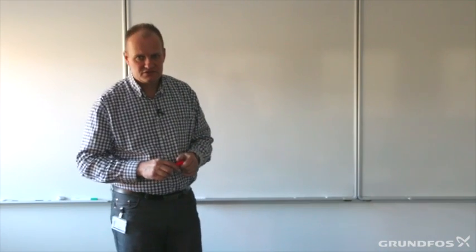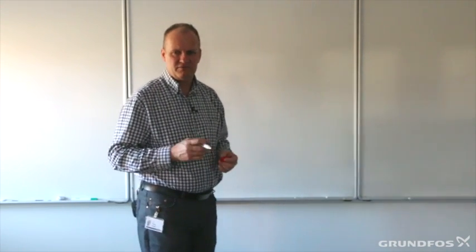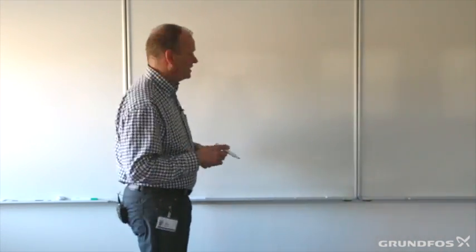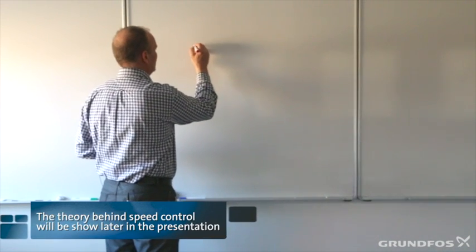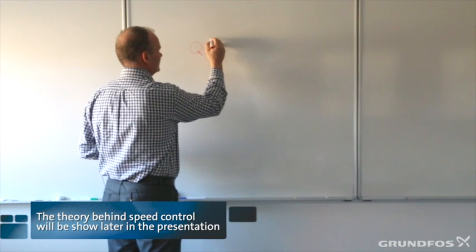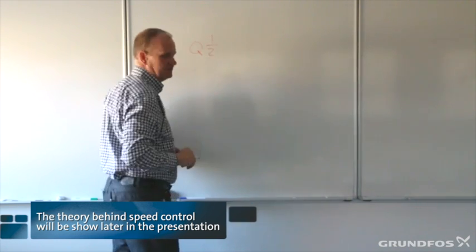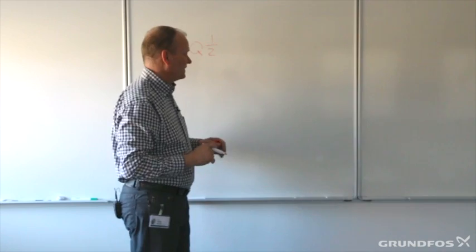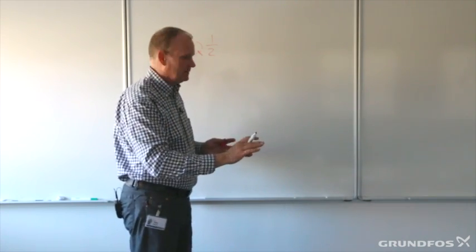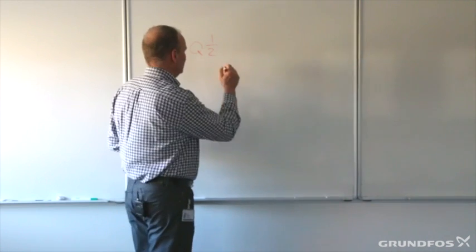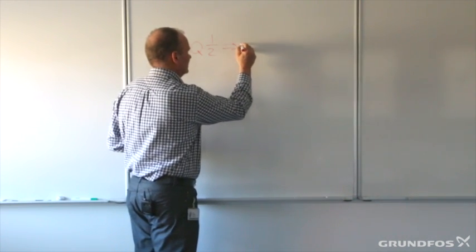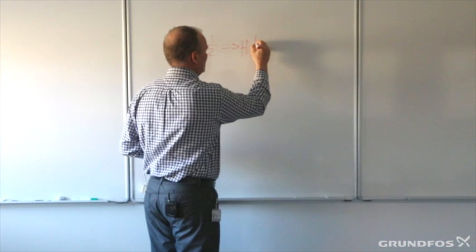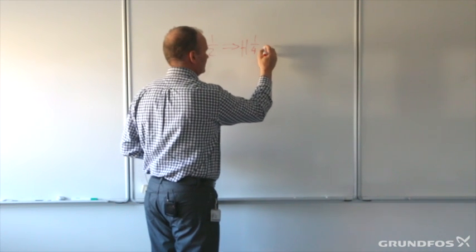And this is quite interesting actually, and one of the main reasons why it's so obvious that we should do this. If, for instance, we lower the flow to 50% of the design situation by speed controlling the pump, then the head or the differential pressure delivered by the pump will drop to 1/4.